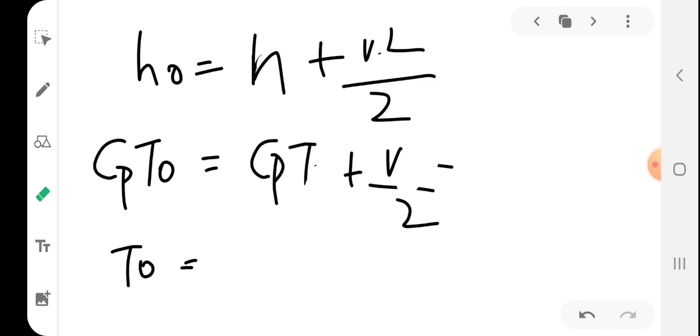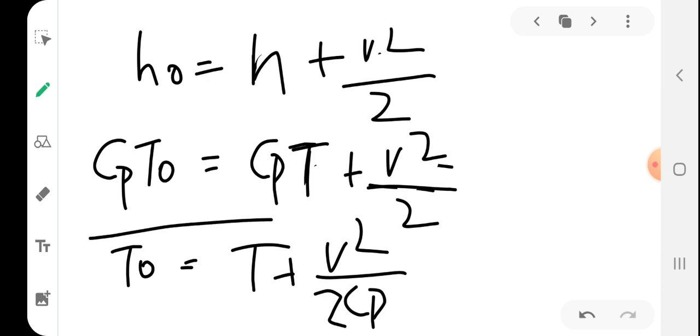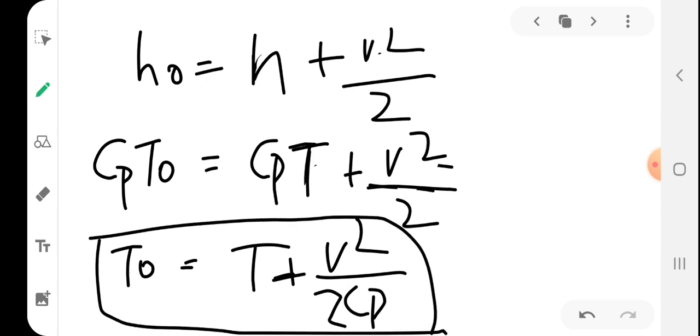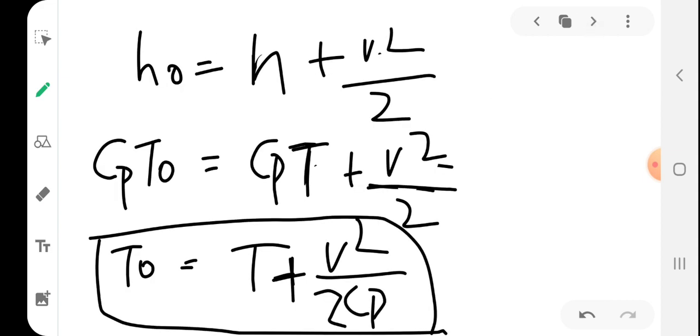Now T0 will be T plus V square by 2 cp. That is the relationship between static temperature and stagnation temperature. So H0 equals h plus V square by 2, which is a general equation. Similarly, T0 equals T plus V square by 2 cp.